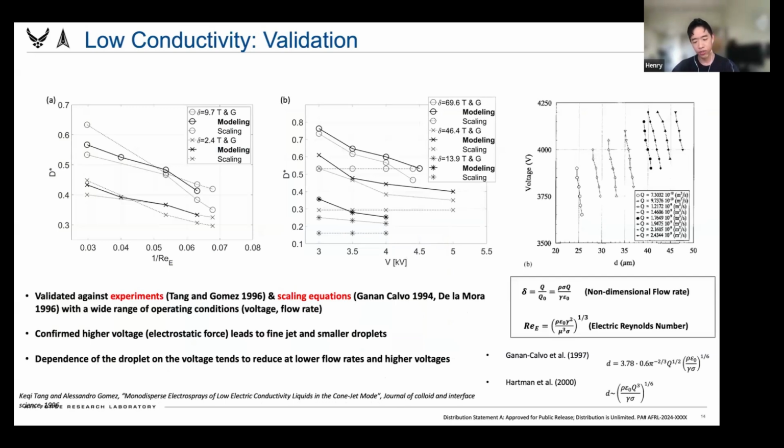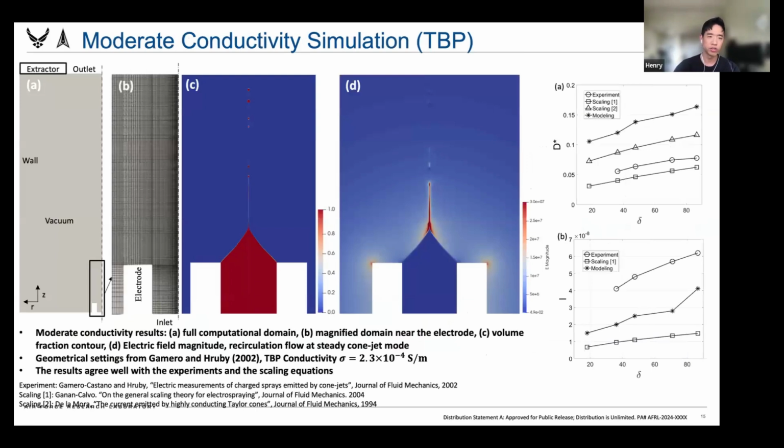So that was a starting point. And then we moved into moderate conductivity simulation using tributyl phosphate. In this case, the conductivity was about 1,000 times that of the low conductivity liquid, and results also agreed well with experiments and scaling equations by using the parameter f.